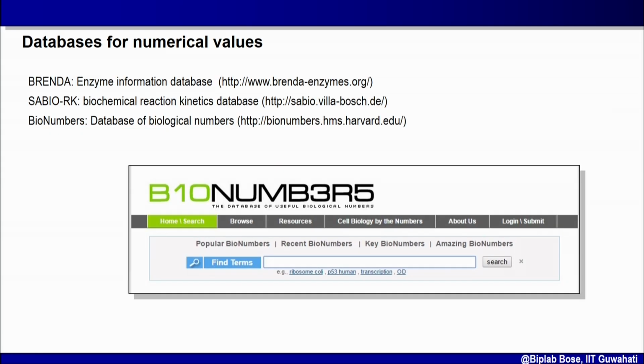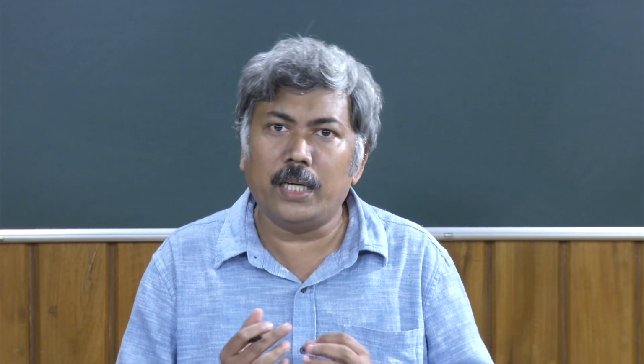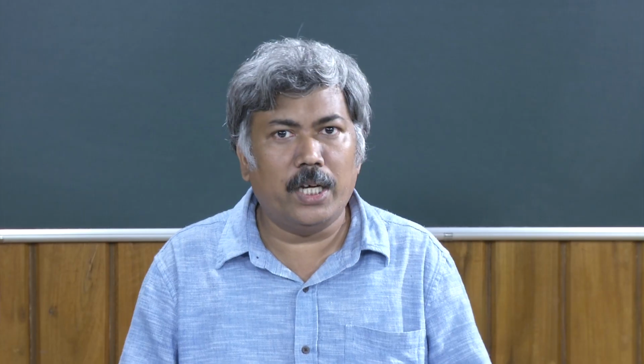Now suppose you have done parameter estimation or have collected information from the old models, but it will always be good if we have a database where numerical values of different kinetic constants or different rate values or other biological values are stored. There are a couple of databases for these purposes.